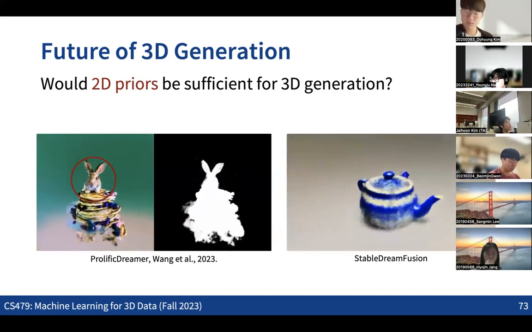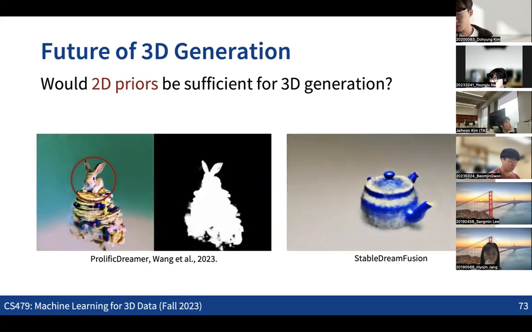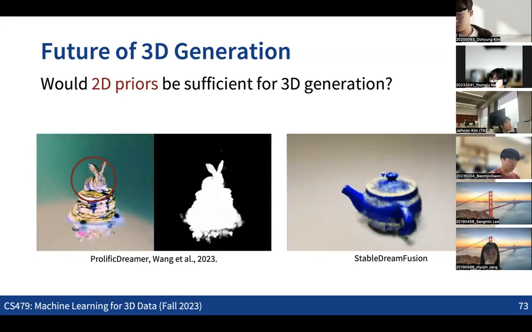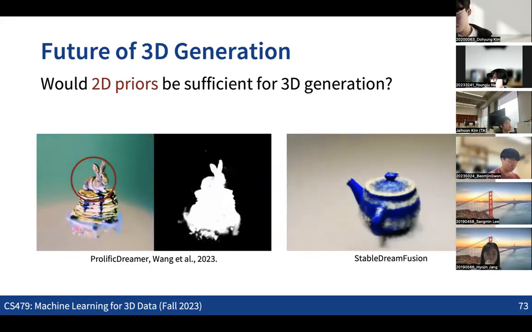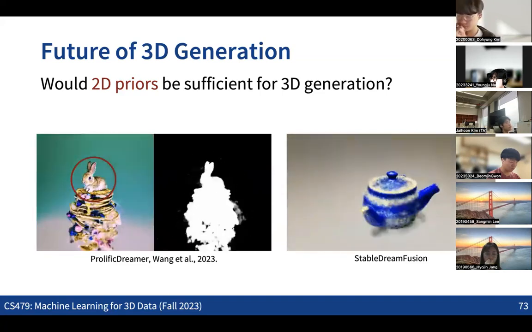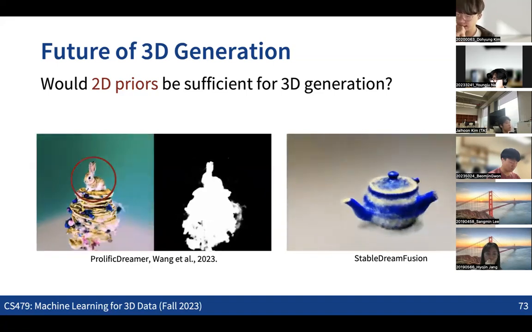So we only have prior information about realistic 2D images, but have not utilized any prior information for realistic 3D models. And this lack of 3D priors, a prior for realistic 3D shapes, is what causes these failure cases.